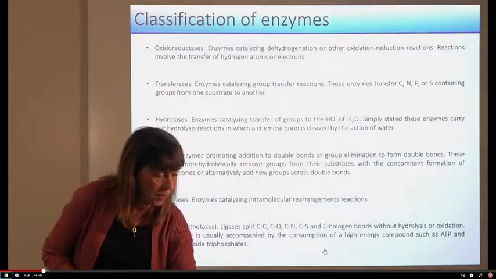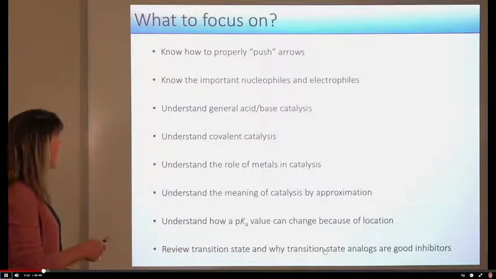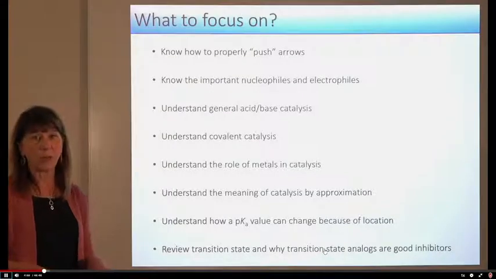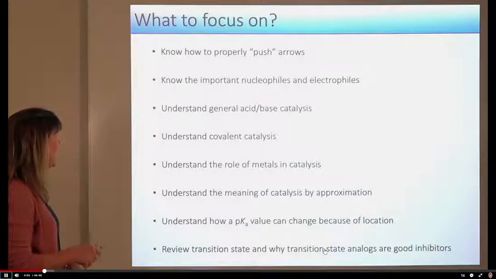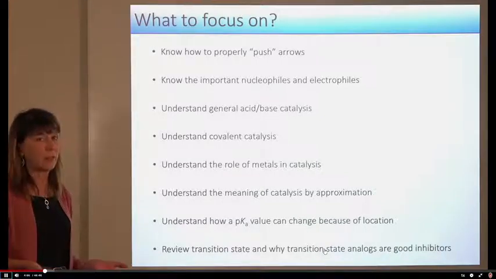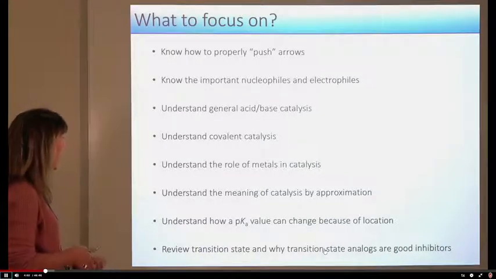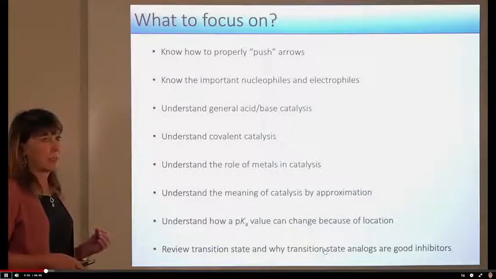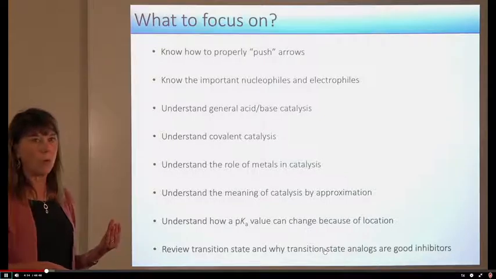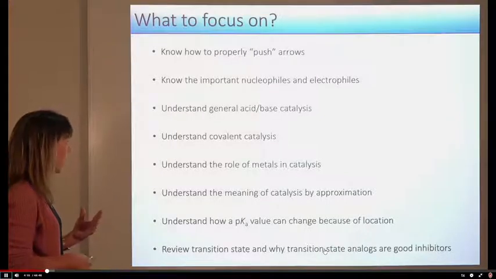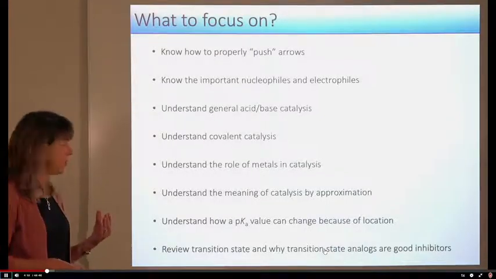But what should you focus on for this particular lecture? You need to be able to push arrows correctly, and we all make mistakes pushing arrows, so work at that. You must know the difference between nucleophiles and electrophiles and what's going on there. Understand general acid-base catalysis. Understand covalent catalysis. What are the roles of metals in catalysis? What does this mean, catalysis by approximation?